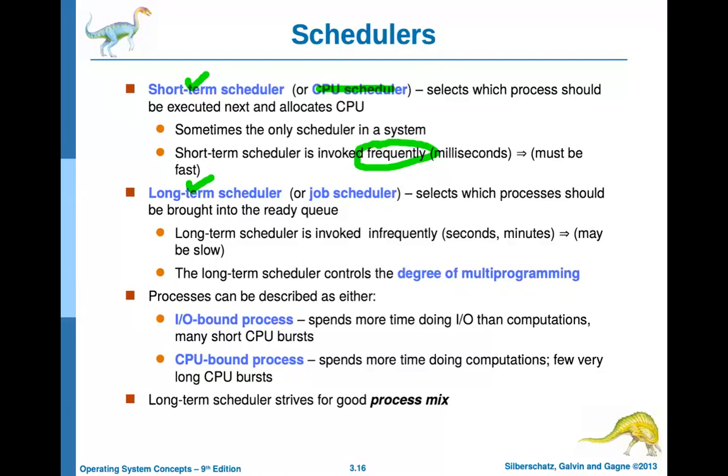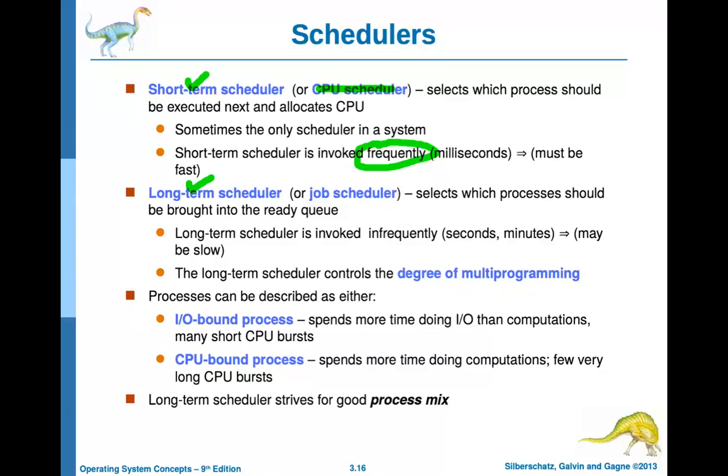Suppose we use this short-term scheduler after every 5 milliseconds, and the scheduler itself requires 8 milliseconds. Then this definitely creates a problem, because the actual task will be executed for just 5 milliseconds, and selection of the next task needs 8 milliseconds. So we are wasting time in switching between the processes.